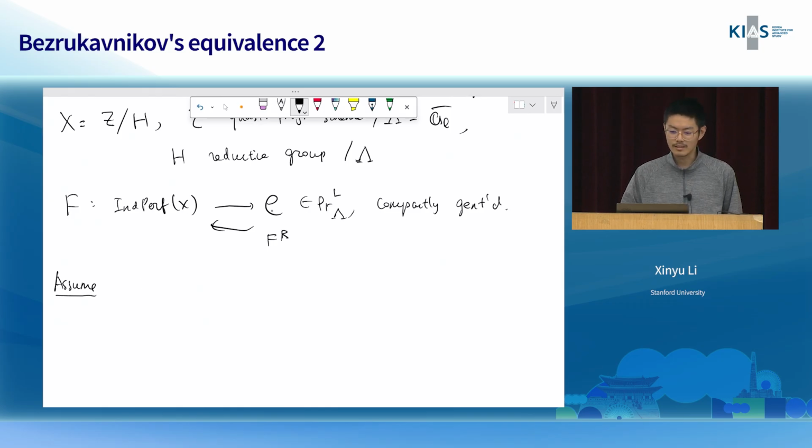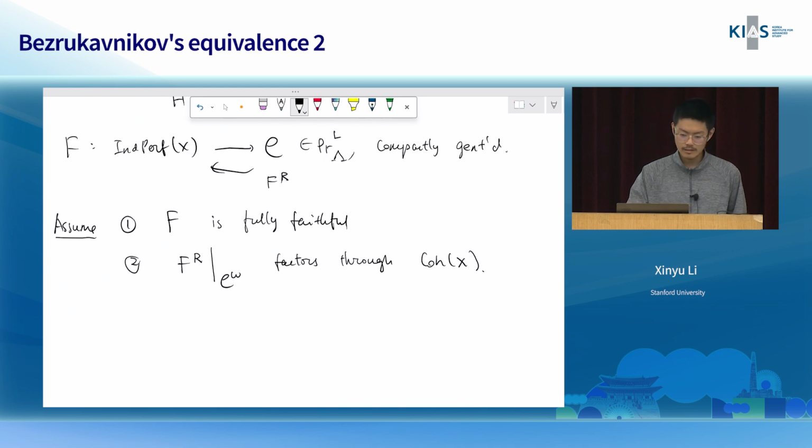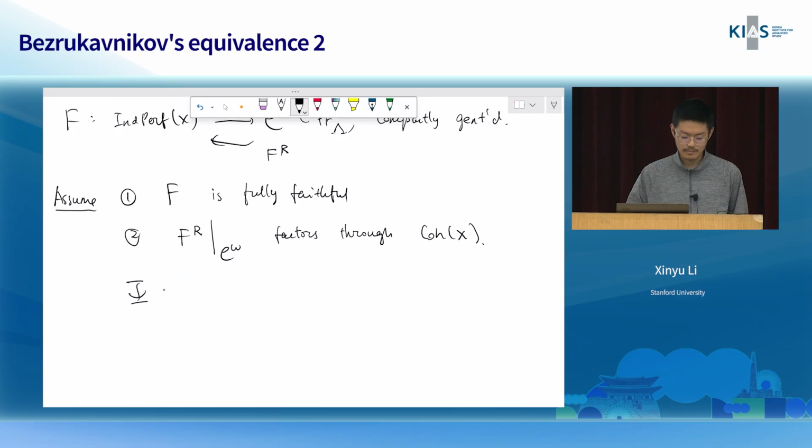So let's assume that F is fully faithful, and that the restriction of the right adjoint of F to the subcategory of compact objects factors through Coh X. Let me denote this capital Psi by the restriction of F^R to the subcategory of compact objects.